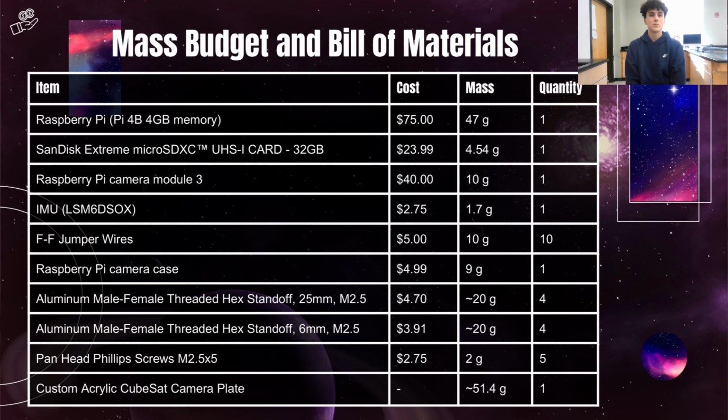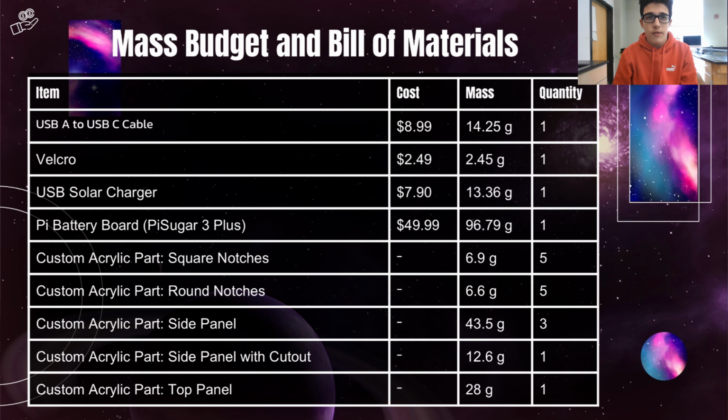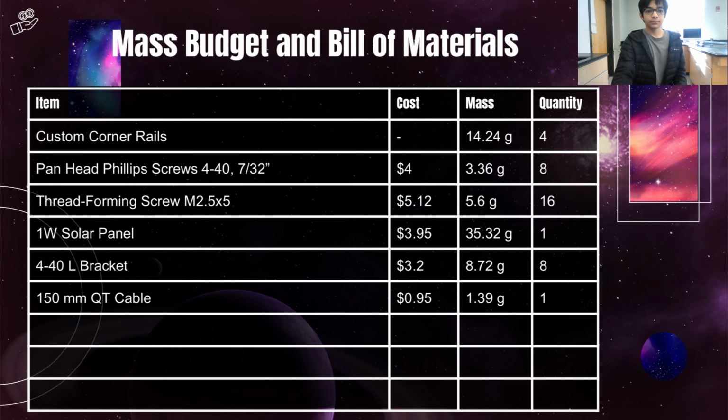Here is the mass budget and bill of materials. Our main expenses above are the Raspberry Pi 4B, the Raspberry Pi camera module, and the SD card. In addition to the 3 items in the previous slide, the PiSugar also contributed a lot to the total cost of materials. Here is more of the mass budget and the bill of materials, including the solar panel.